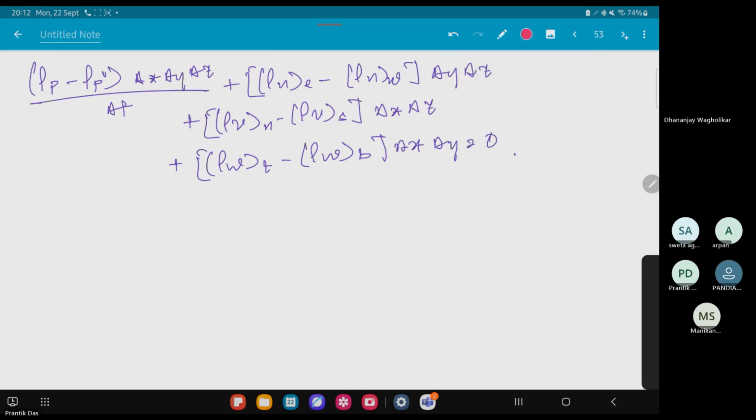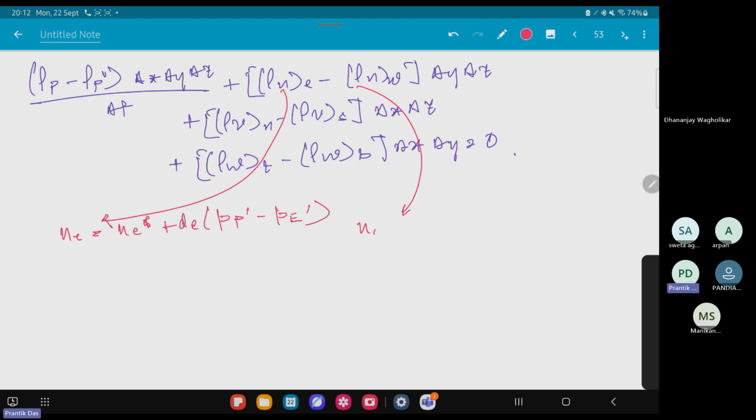Now, UE is equal to UE star plus DE times PP prime minus PE prime. Similarly, this can be written as UW star plus DW times PW prime minus PP prime. Is it clear to all of you?